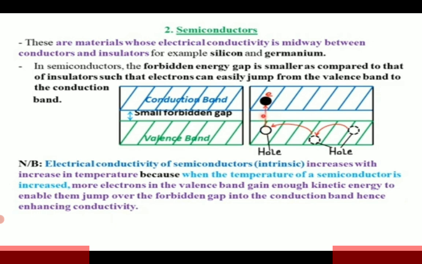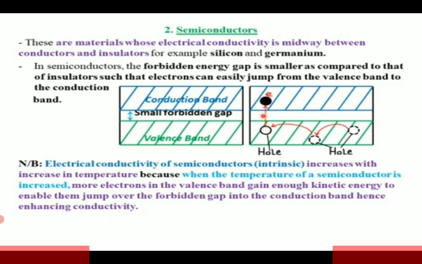So electrons cannot jump from the valence band to the conduction band through the very large forbidden gap. Unlike semiconductors, whose electrical conductivity is halfway between conductors and insulators, their forbidden gap is smaller, which makes it easier for the electrons to jump from the valence band to the conduction band.